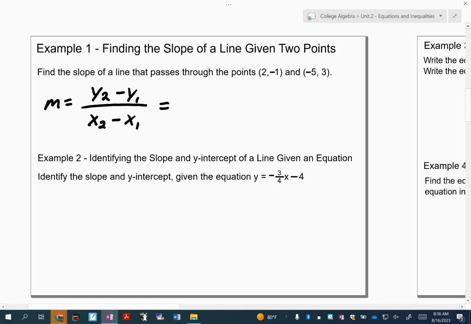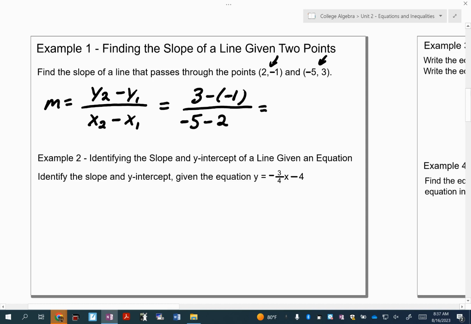I always just choose that this second point is where I get my x subscript 2 and y subscript 2, and this first point is where I get my x and y subscript 1. So I'm going to do 3 minus negative 1, that's my change in y, and negative 5 minus 2 as my change in x.